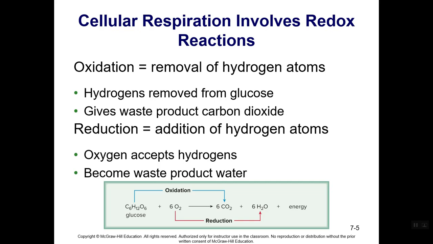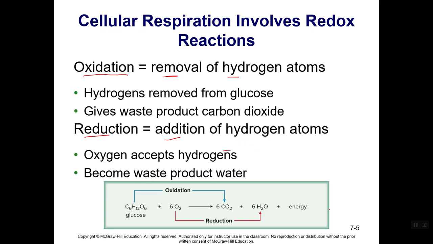Cellular respiration also involves redox reactions. And what that means is that in the reaction, there's oxidation and reduction. Oxidation is the removal of hydrogen atoms. Reduction is the addition of hydrogen atoms. So here is our equation for cellular respiration.